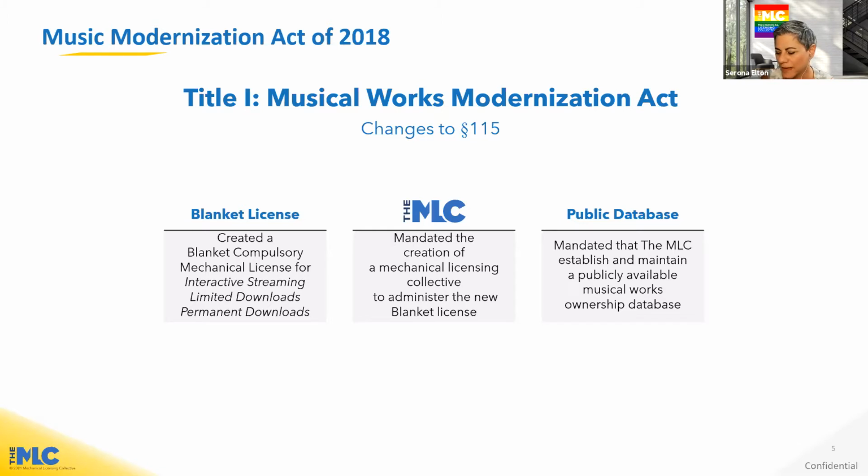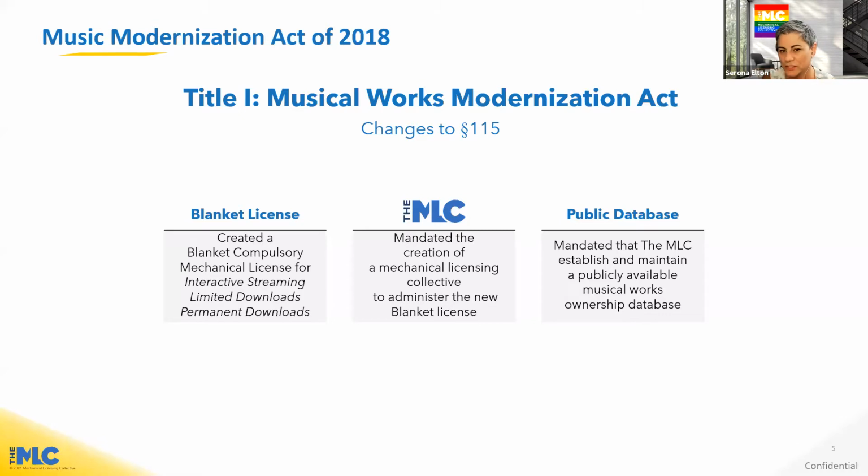And so the copyright law created a blanket license, which means those services only need to have one license instead of one for every owner of every musical work. It created a blanket license for particular kinds of activities: interactive streaming, limited downloads, permanent downloads. It mandated the creation of an organization, the MLC, to administer this new blanket license, because you have to collect the money and distribute the money.